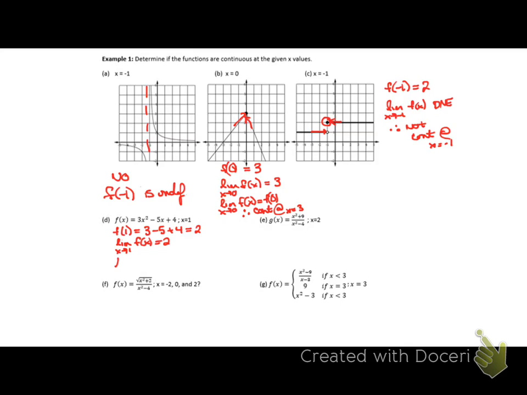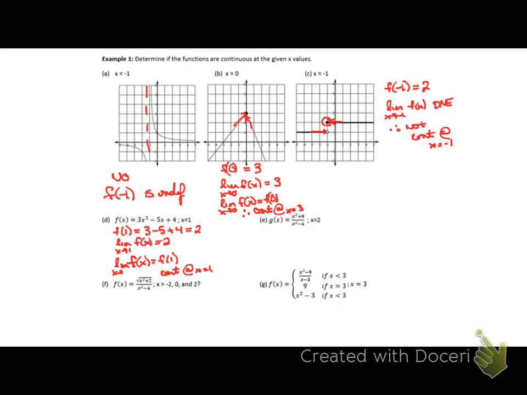And so since the limit as x approaches 1 of f of x is equal to f of 1, it is continuous at x equals 1.